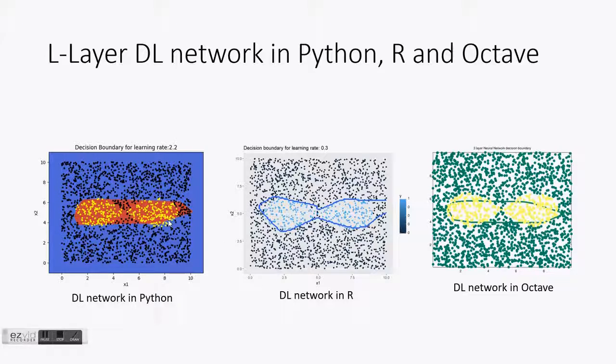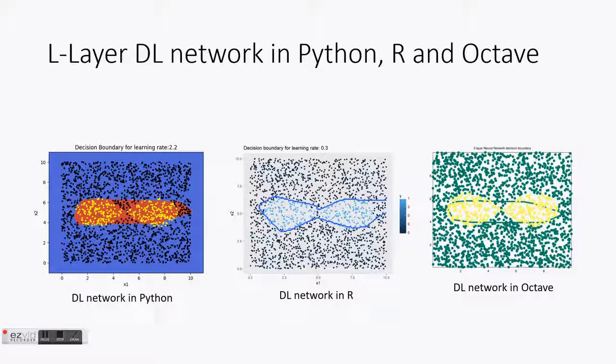So in Python and Octave, it may appear that it didn't do a very good job, but the key point is we have a lot of parameters and knobs to tune in our deep learning network, because we have different numbers of hidden layers, the number of units in each hidden layer, the learning rate alpha, and the number of iterations.